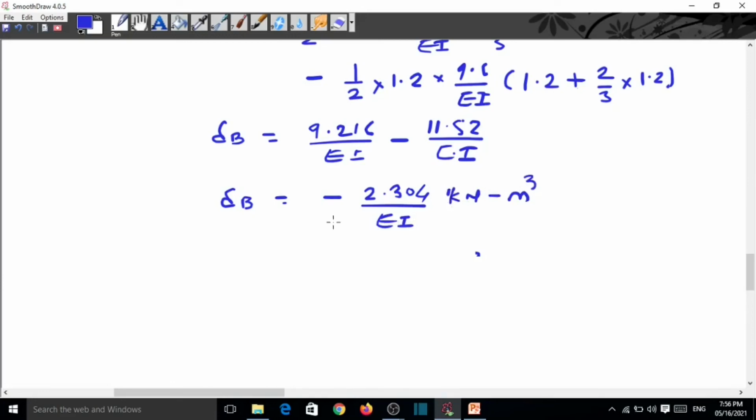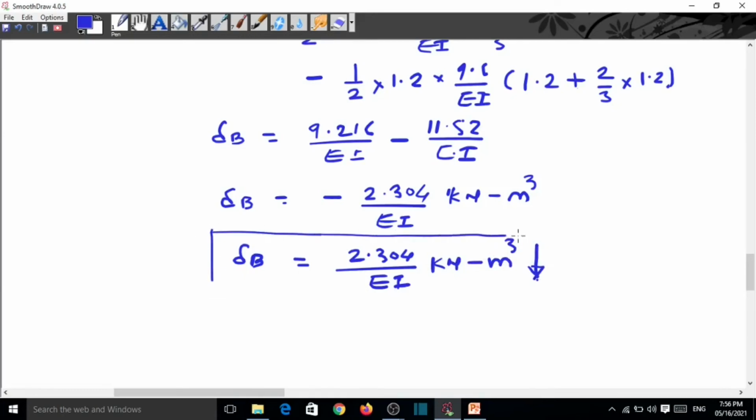Now this negative, as per our sign convention, this negative means the deflection is downward. So we can say that delta B is equal to 2.304 divided by EI kilonewton meter cube, and this direction is the down. So this is the deflection at the B. In this way we have calculated the slope and deflection at the B. Thank you.